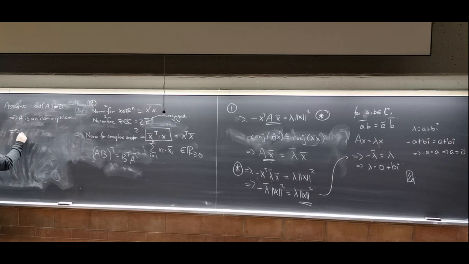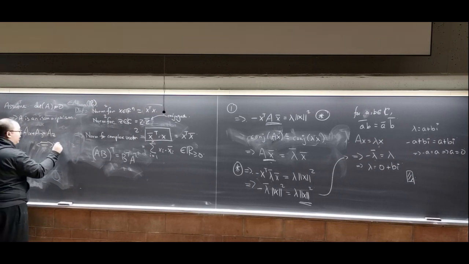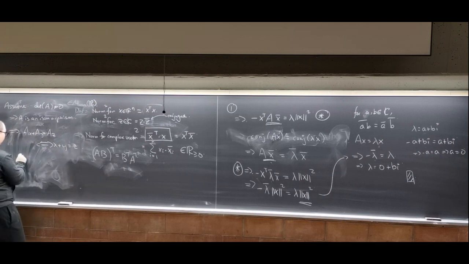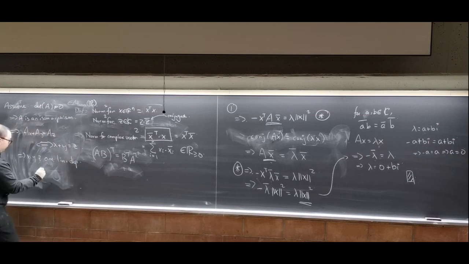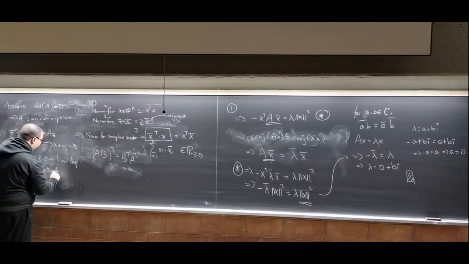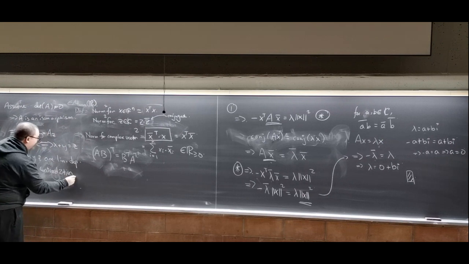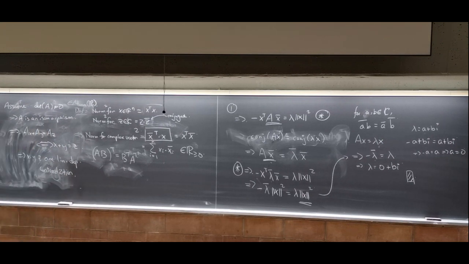That implies AX plus AY equals AZ is equivalent to X plus Y equals Z, which means X, Y, Z are linearly dependent, which is a contradiction. Done. That's all I really need you to try. Because the determinant of A is non-zero, it is an invertible matrix, therefore it represents an isomorphism.